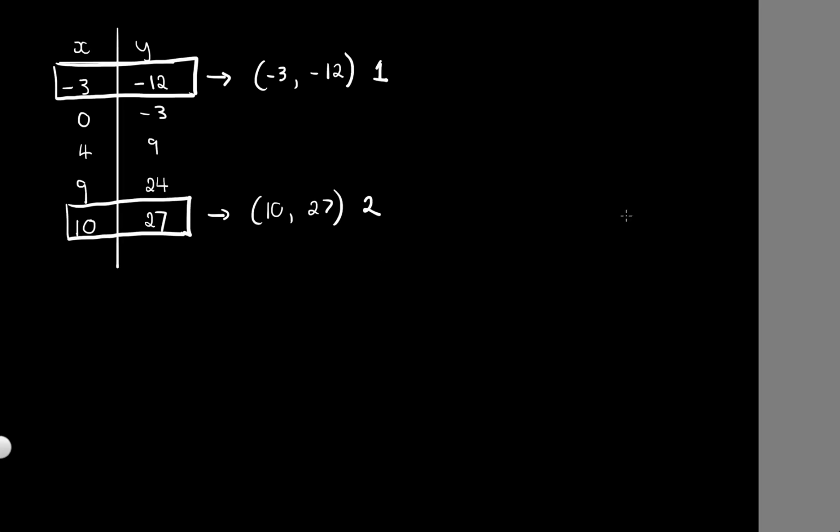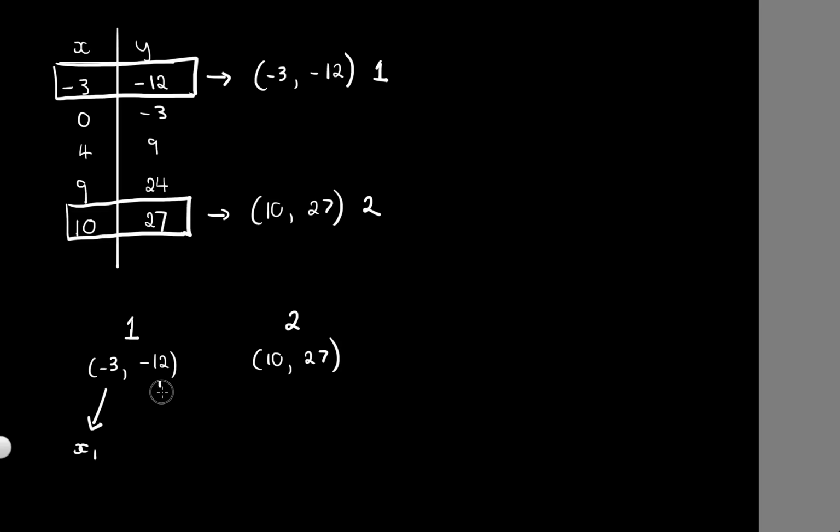So let me write down the values again. Point number 1 is (-3, -12), and point number 2 is (10, 27). So this will be our x1 value because it's the x value for point number 1.